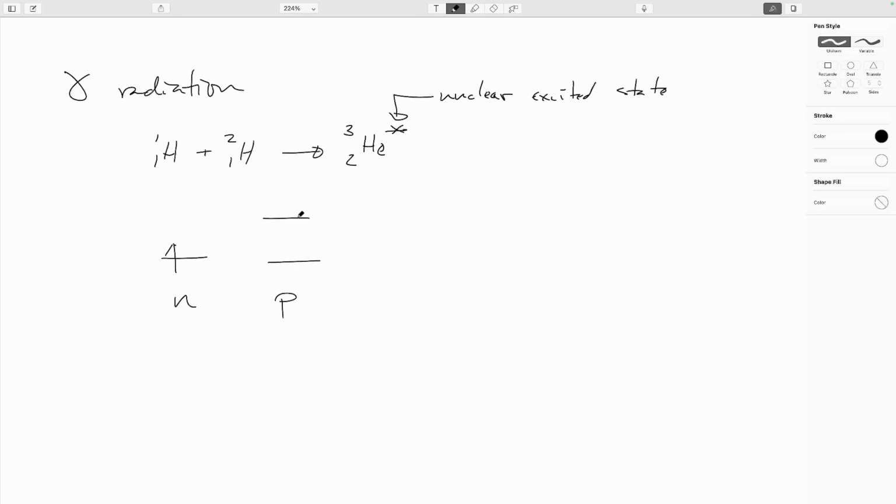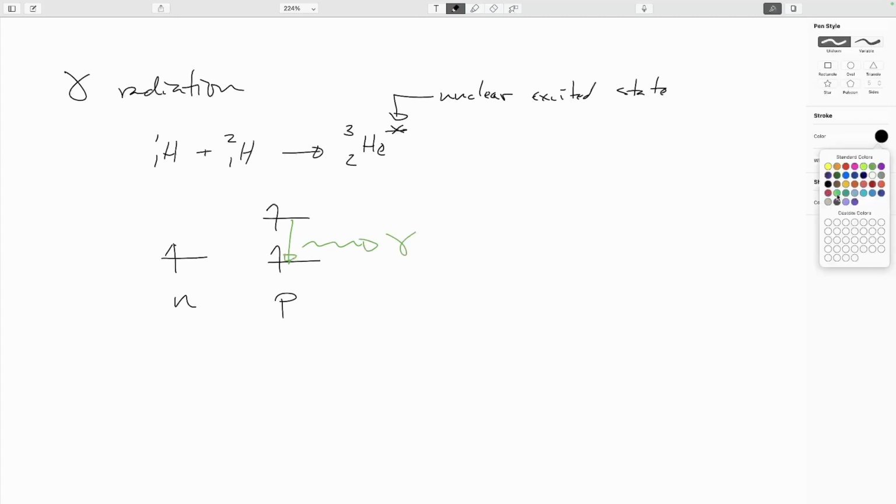So originally what's happening is I've got a proton in an excited state, and then that proton in the excited state will transition its way down to the ground state, like so, emitting a photon in the process.